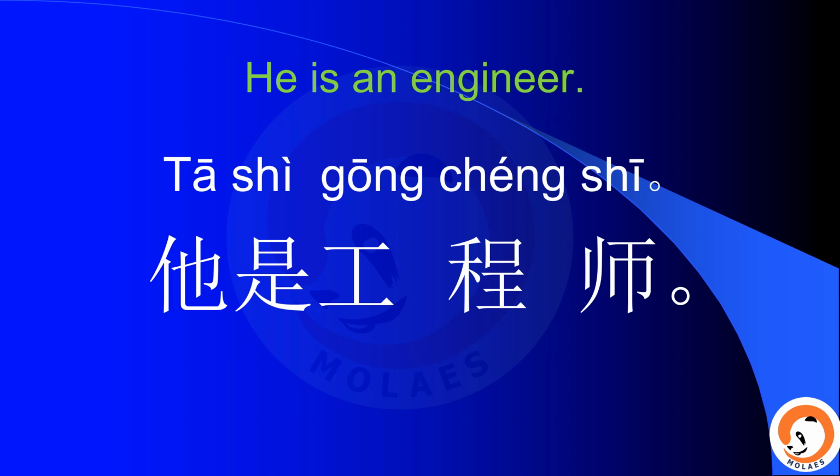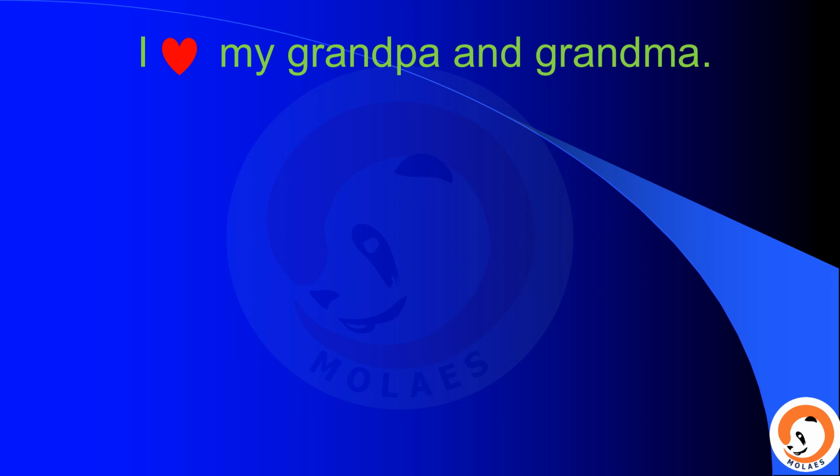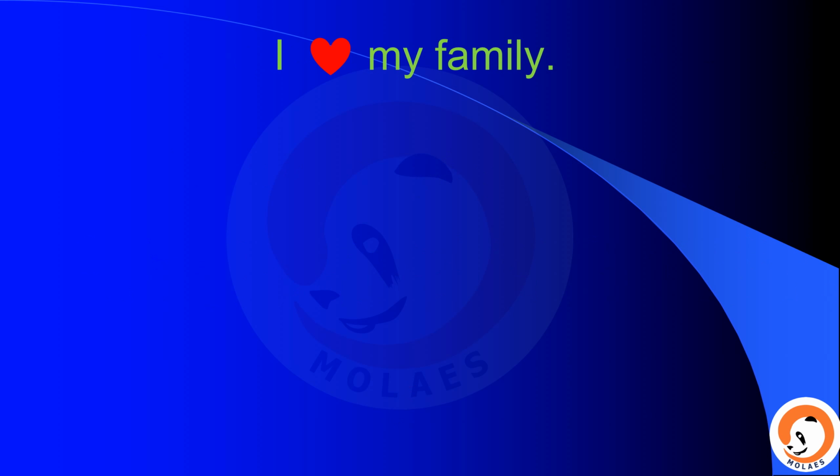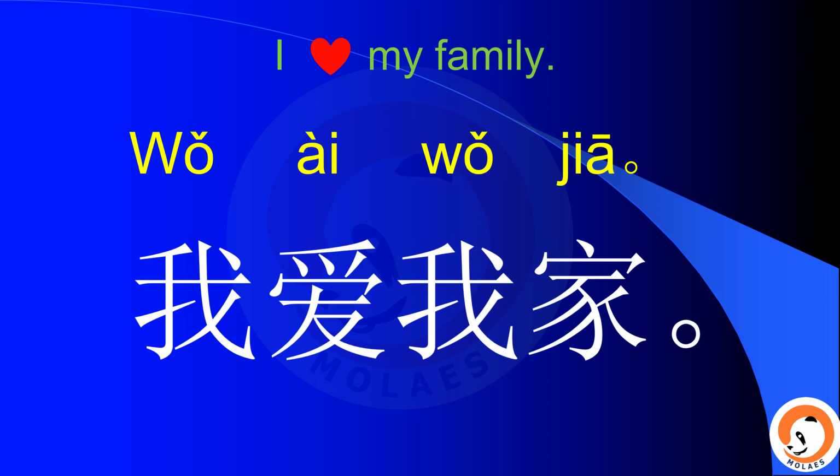I love my grandpa and grandma. 我爱我的爷爷和奶奶。I love my family. 我爱我家。You may notice that we omitted the 的 here.